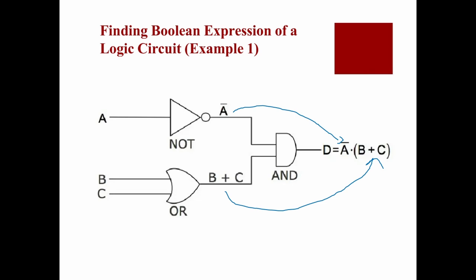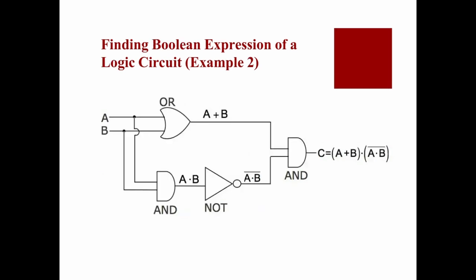Okay? Now, let's see another example. This symbol is OR, that's why A plus B. And this symbol, as you can see, is connected from A and B. So, A dot B, or we can say A times B. Then, this symbol is NOT, so A times B with the line on top, not A times B. And then you connect it together with this symbol.